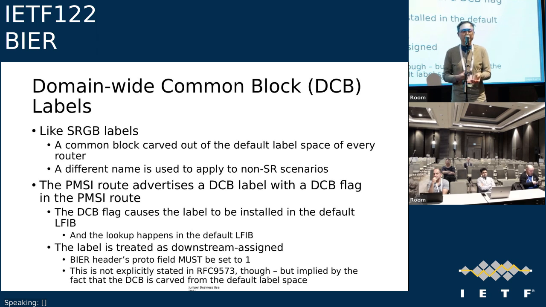So it's a different name, but the same concept. And now the PNZ route we talked about earlier advertises a label carrying a flag, we call it a DCB flag. That flag will cause the label to be installed in the default LFIB on the egress router, and the incoming packet needs to be looked up in that default LFIB.